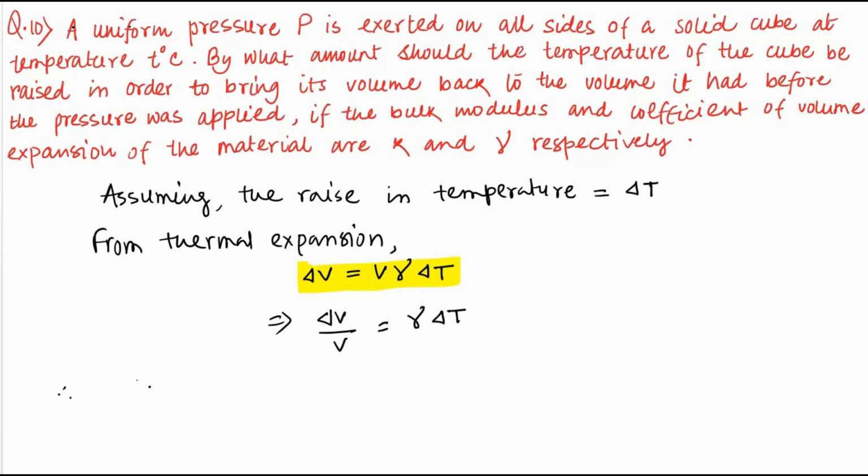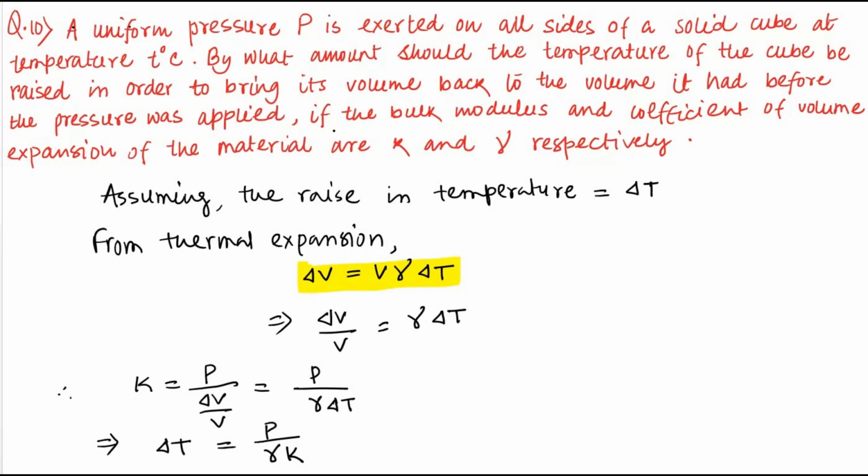Now bulk modulus K is equal to P upon delta V by V. Now P is uniform pressure and delta V upon V is gamma delta T, right? So from here delta T is equal to P by gamma into K.